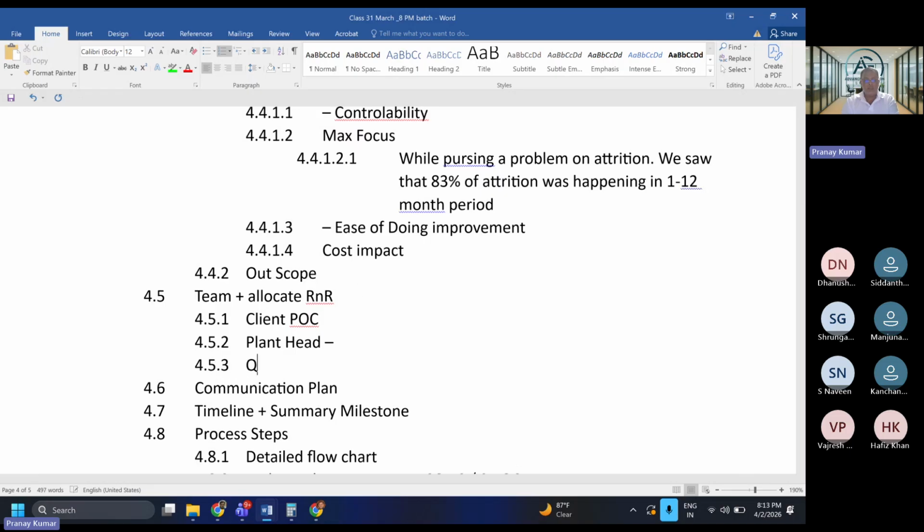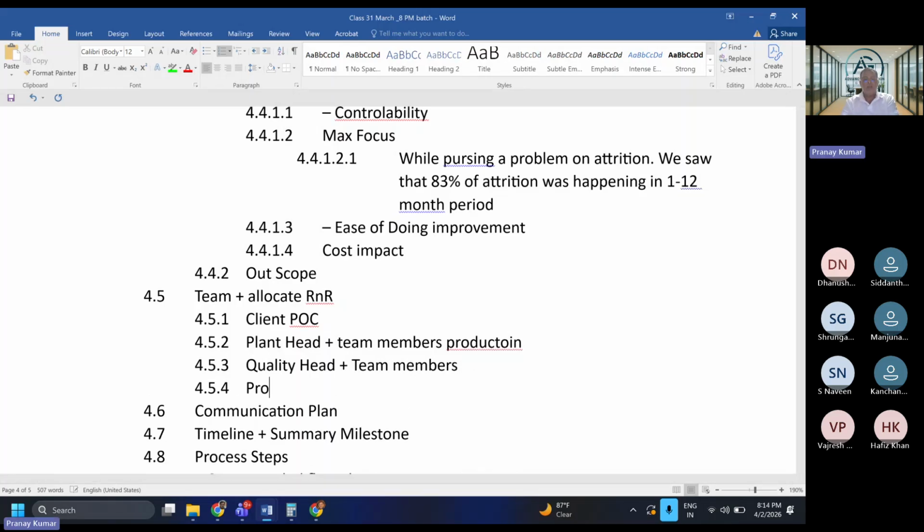I may need the quality head and a couple of his team members. Similarly, the plant head plus a couple of his team members from production. And if you imagine the entire production cycle, production planning could have been a contributor. So I may want to include production planning and other similar teams as well. Everyone with me on this thought?